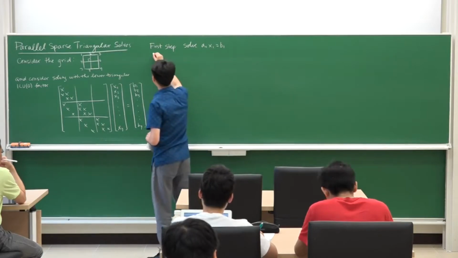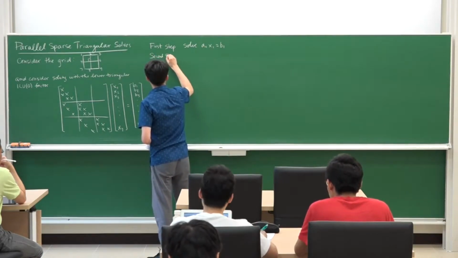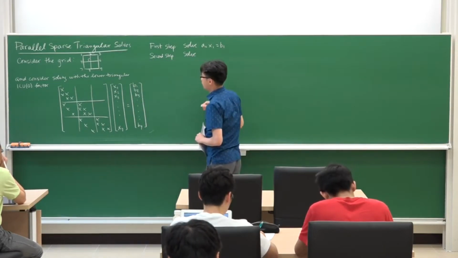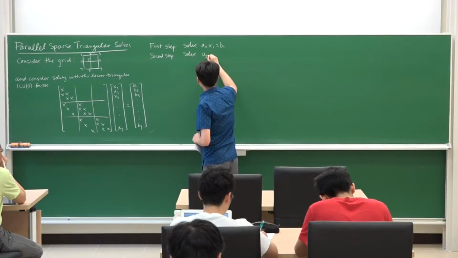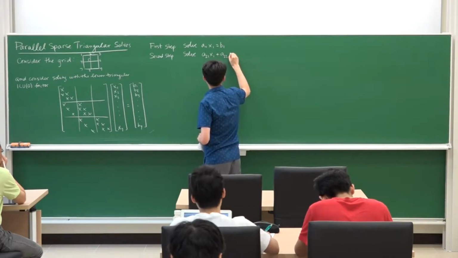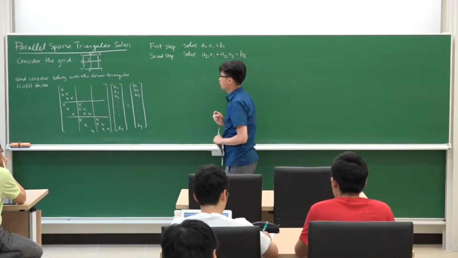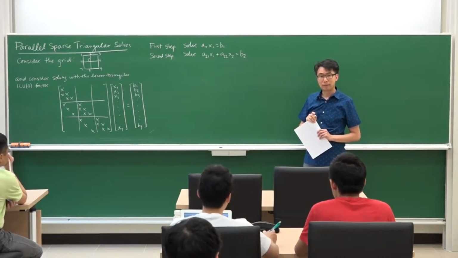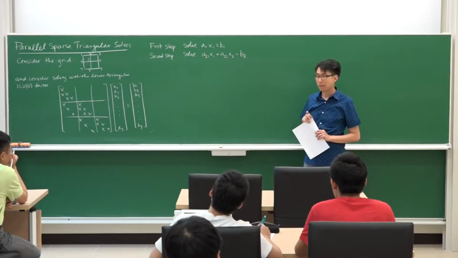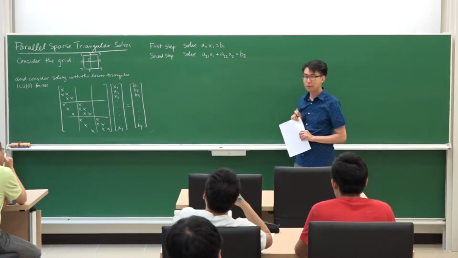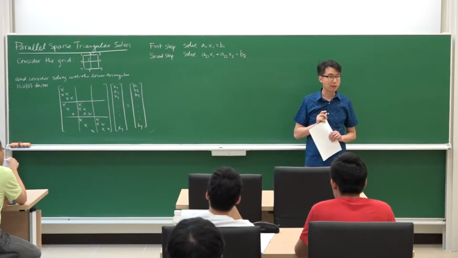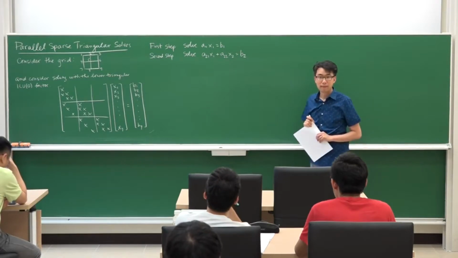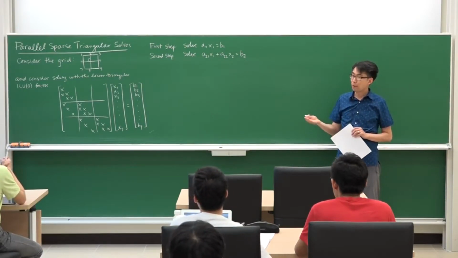And in the second step, we're going to solve A21 x1 plus A22 x2 equals B2. Right? But there's another variable that we can solve for in parallel. Right? Do you see which one that is? Which variable can we also solve for in parallel along with this? Because we have already computed x1.